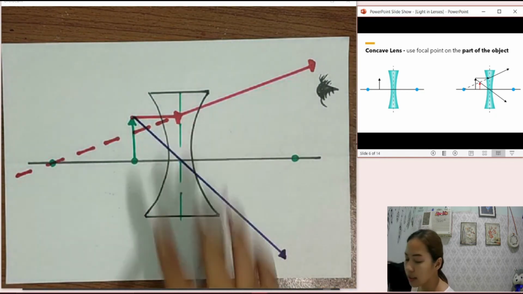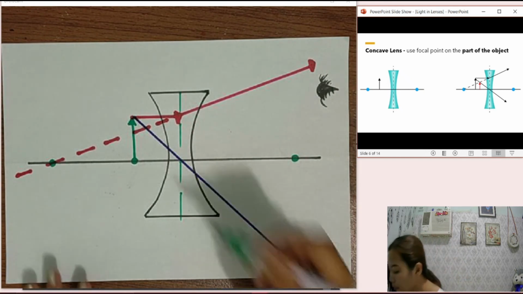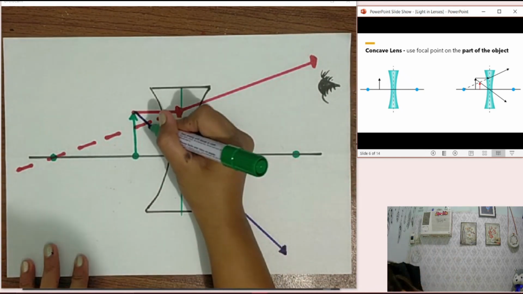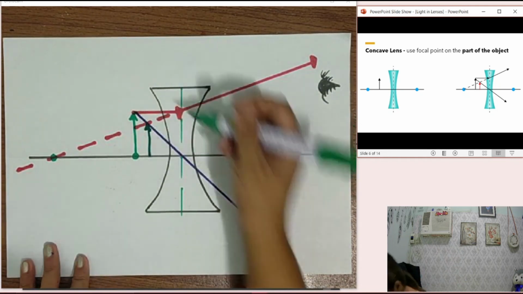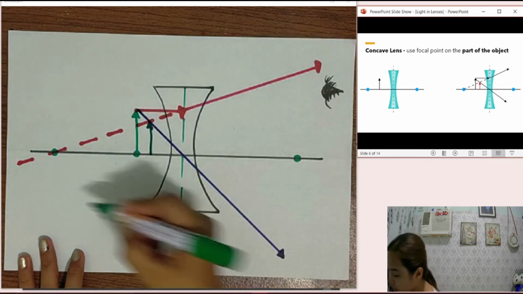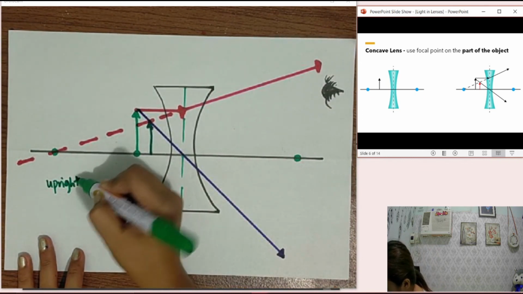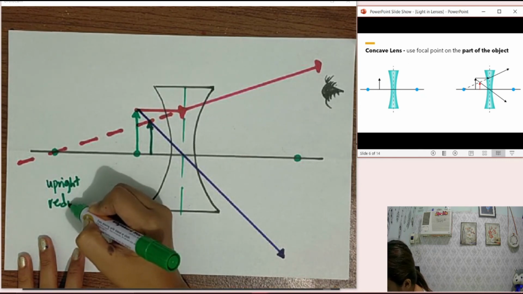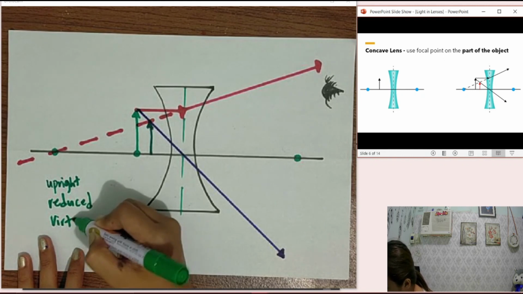So, here it is. You can see the light rays cross there. And of course, since the light crosses there, that is where the image is formed. We have there an upright, reduced, and virtual image.